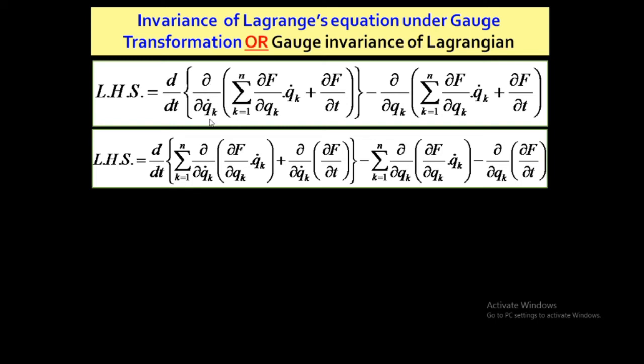Minus summation over k, taken outside; again this derivative is associated with both terms. So del by del qk dot of del f by del qk into qk dot, minus del by del qk dot of del f by del t. I am just separating them.